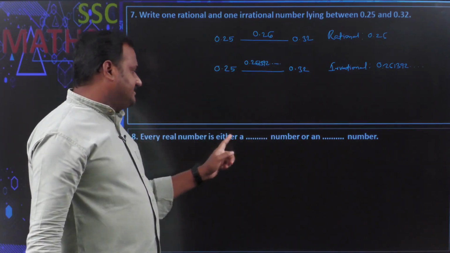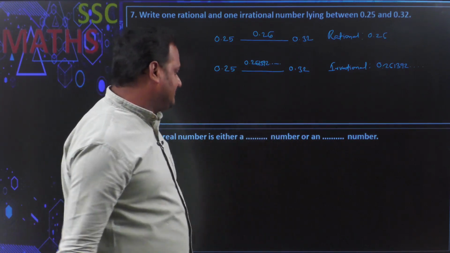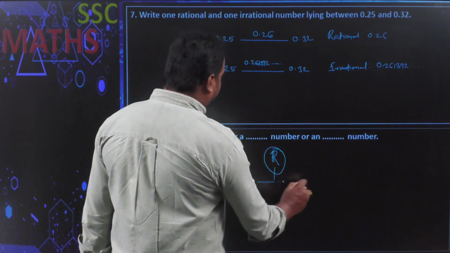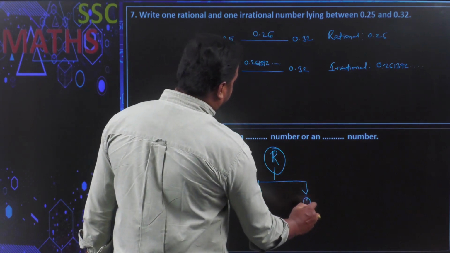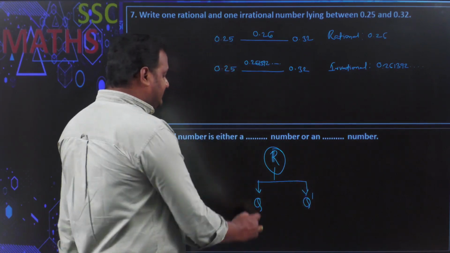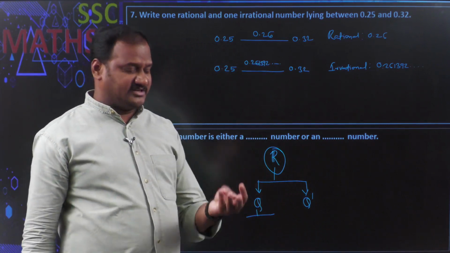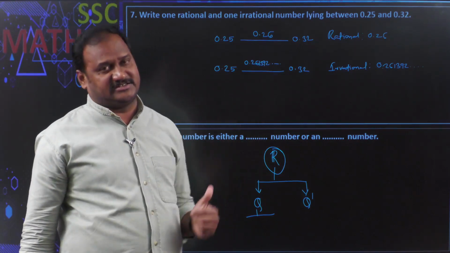Every real number is either a dash number or dash number. What are these two kinds of numbers? Real numbers can be divided into two categories: rational numbers and irrational numbers. In rational numbers we have different types of numbers: natural numbers, whole numbers, integers, together called rational numbers.